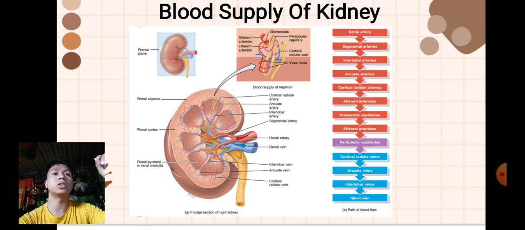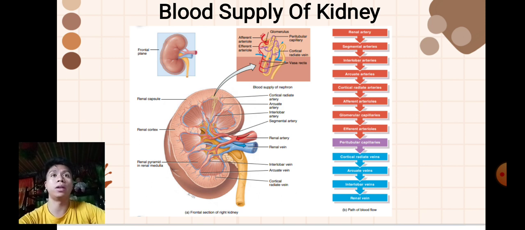The segmental arteries supply different parts of the kidney, and each segmental artery gives off several branches called interlobar arteries. So we have the renal artery, the segmental arteries, followed by the interlobar arteries.